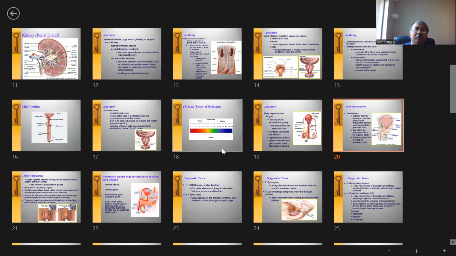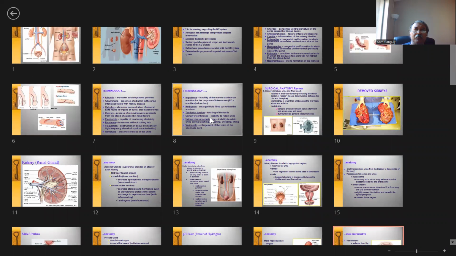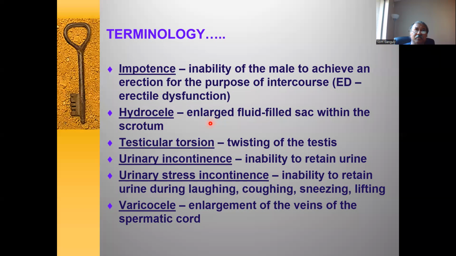What is going to happen when we have enlargement of this vein structure? It is going to cause pressure on the spermatic cord. And this spermatic cord is very sensitive, because along with that cord there is a nerve structure going along, the pudendal nerve. When you have pressure on the nerve, it causes pain. So the patient complains about constant pain when they move around.